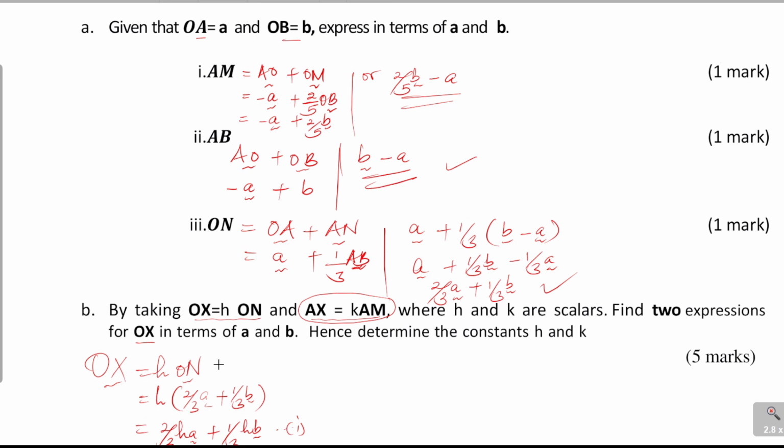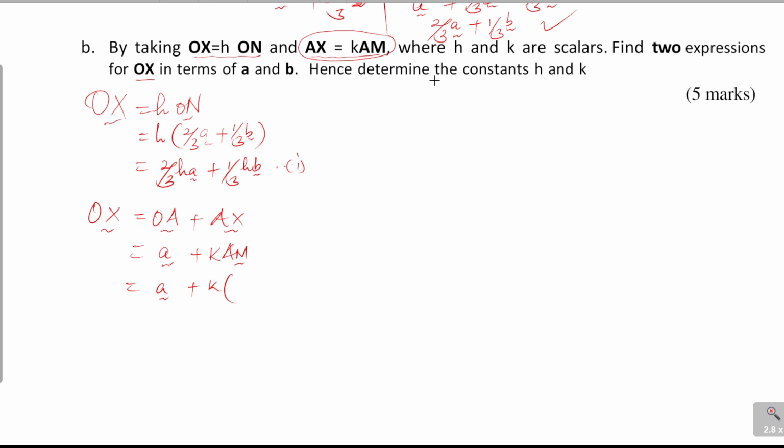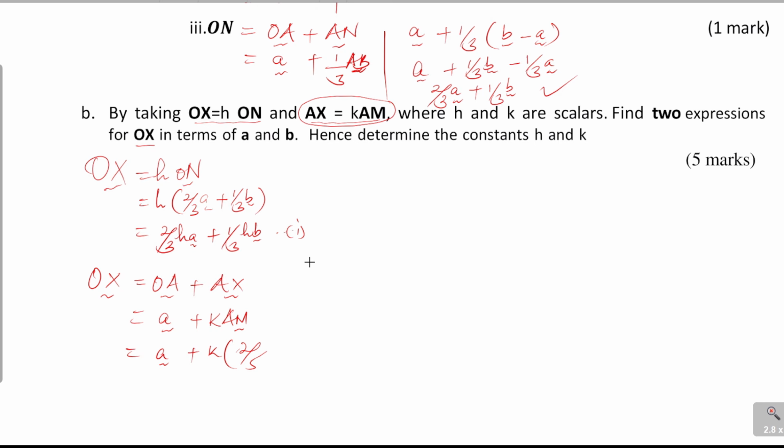We got it in part 1 as 2/5 B minus A. So this gives A plus, multiplying this, K times 2/5 B gives 2/5 KB, then minus K times A, that is KA. That is the second expression.